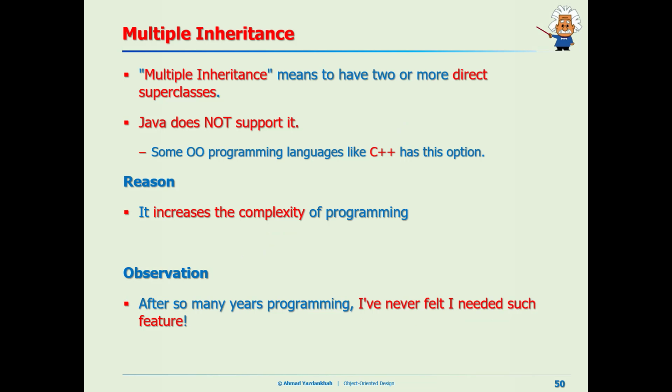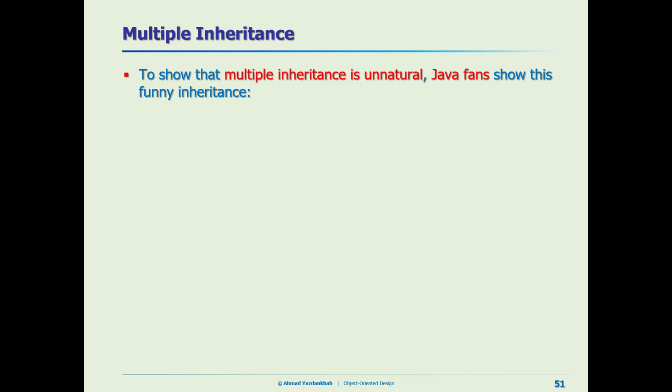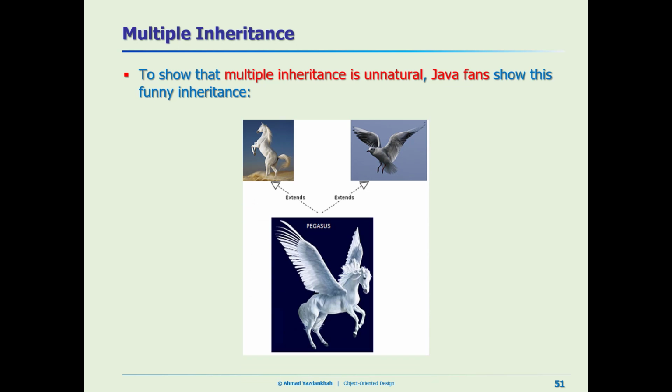Okay, so Java developers have a joke like this. If this is the class, and if you want to inherit from a bird, and if you want to inherit from a horse, then you end up with this unusual and imaginary creature, right?